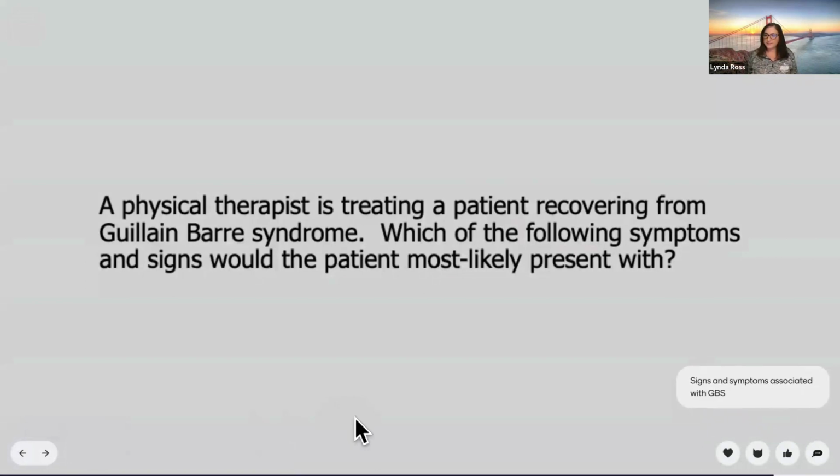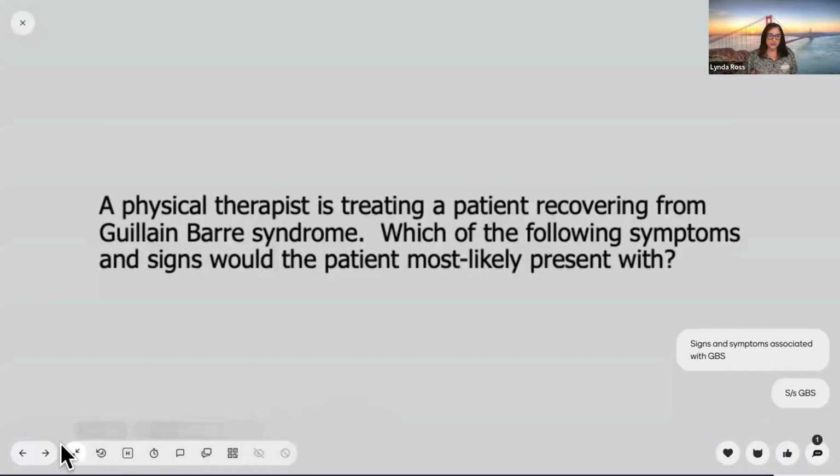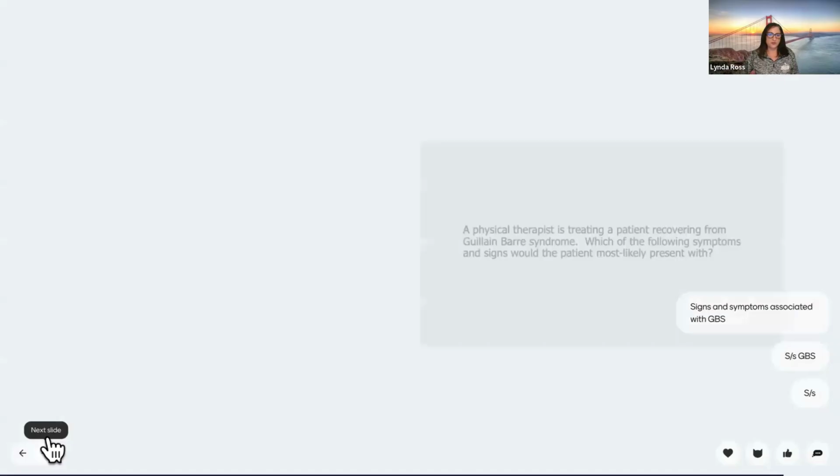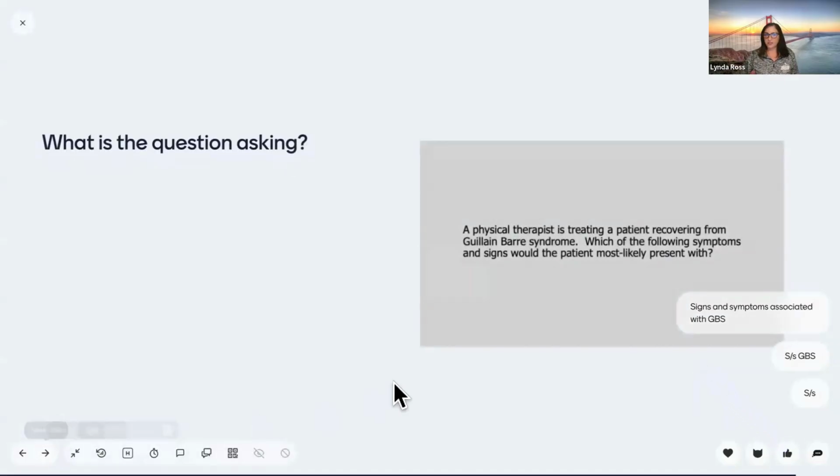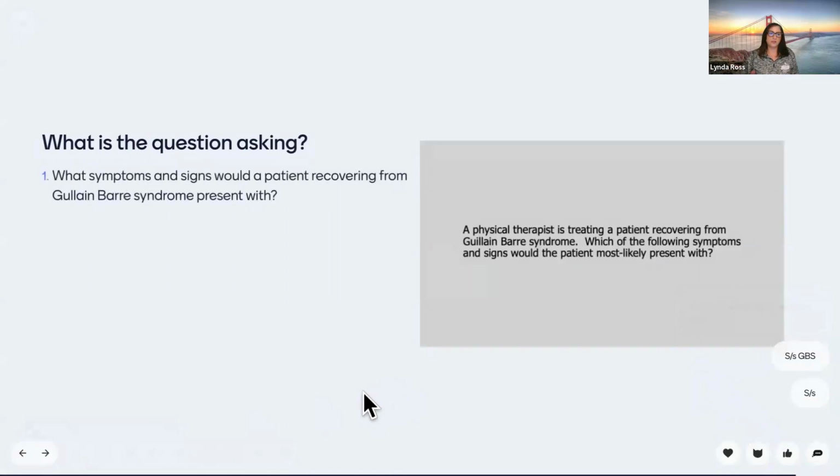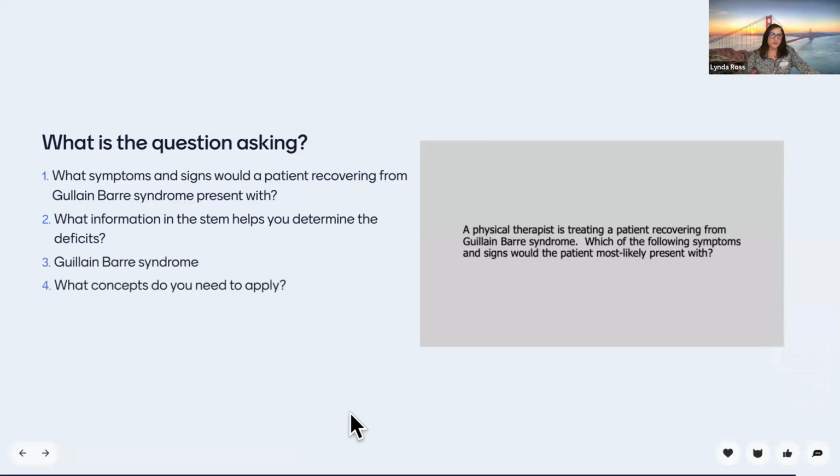So, signs and symptoms associated with GBS. Okay, so you guys are getting it. That's right. What symptoms and signs would a patient recovering from GBS present with? What information does the stem give you to help determine the deficits of GBS? What concepts do you need to apply?